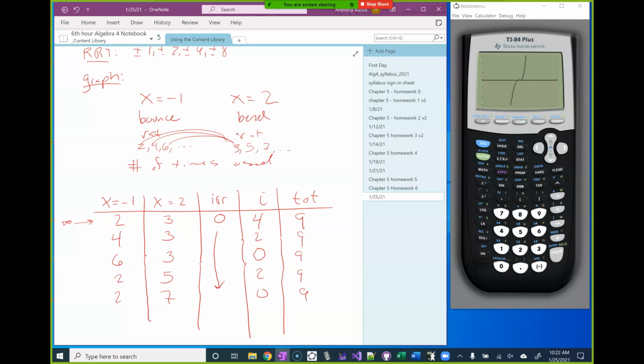So then I took 4. Well, 4 could pair with 2 and 4 could pair with 5, but it can't pair with 7 because that's too many. And I kept going. Sorry.